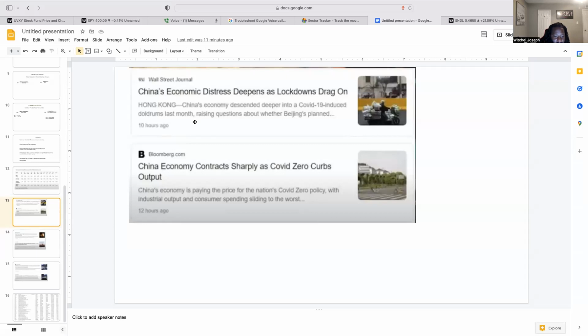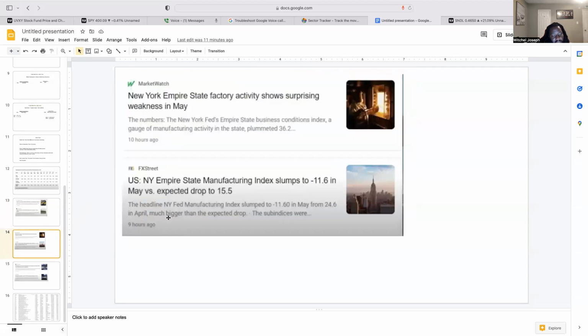Basically they've got to do something about that because they're not spending money and it's affecting the global economy. They're not spending money on gas as much, stuff like that. And then also there was an article about the manufacturing index that really stumped. It went from 24, and they were expecting it to drop to like 15. It dropped to negative 11, guys.